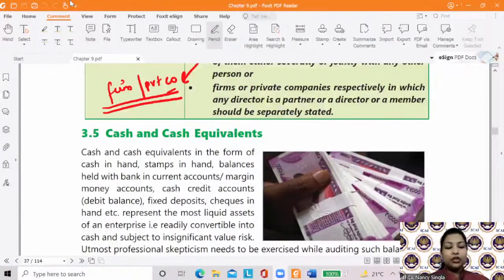Okay, so the next topic that we'll be covering is, today we have completed borrowings and trade receivables. Now we are starting with cash and cash equivalents.